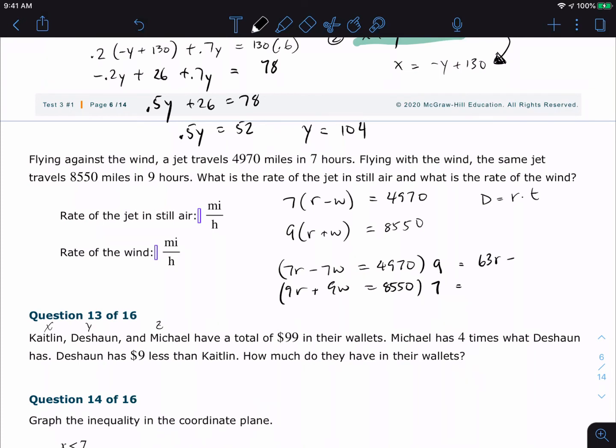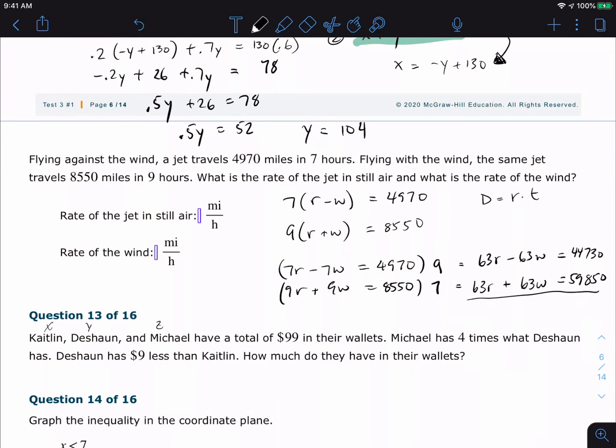So then what's going to happen there is I'm going to get 63r minus 63w is equal to, I'm good at math, but not that good, 44,730. And then the other one's going to be 63r plus 63w is equal to 8,550 times 7, which is 59,850.